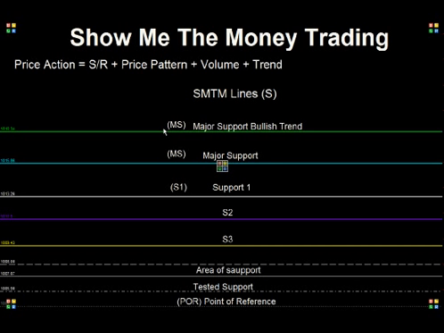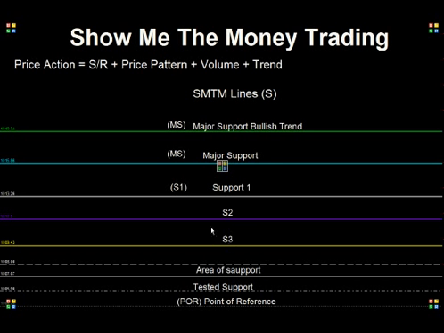You have to have different expectations. This is also S2, which is support 2, and this is mostly a range-type support. And then we have S3, and this is, in a sense, when price has made a higher high in a downtrend.